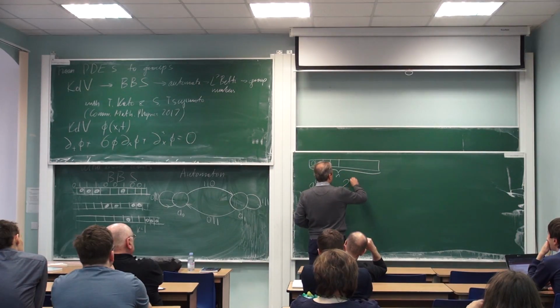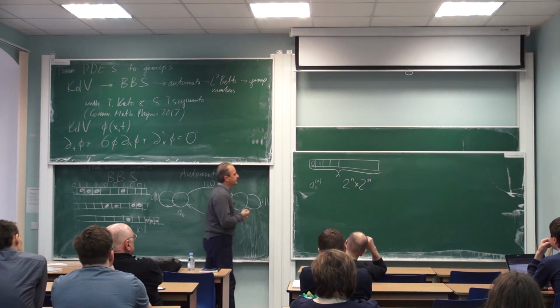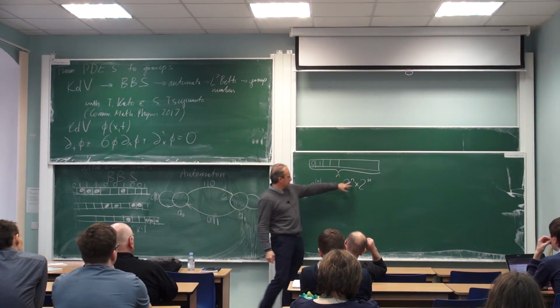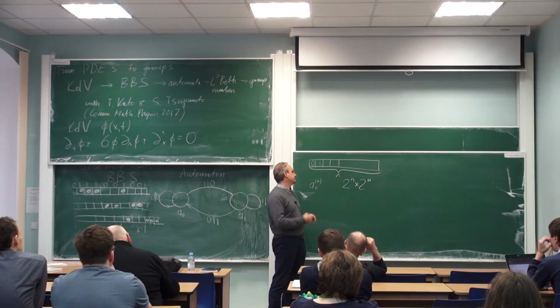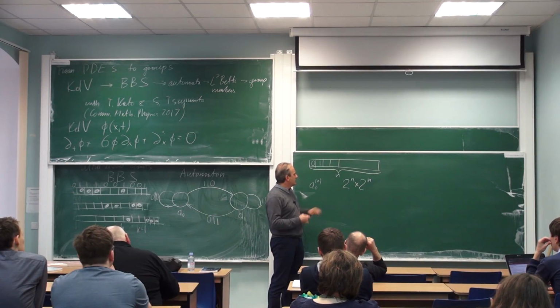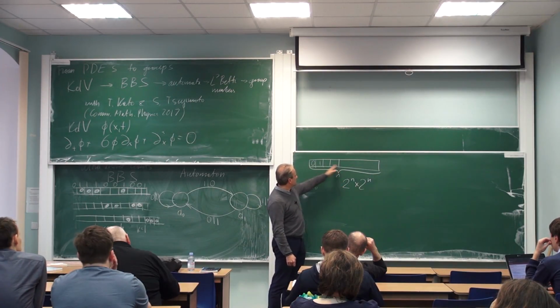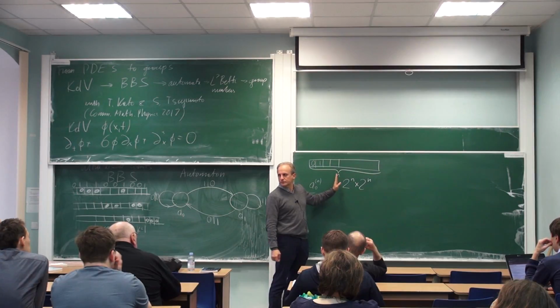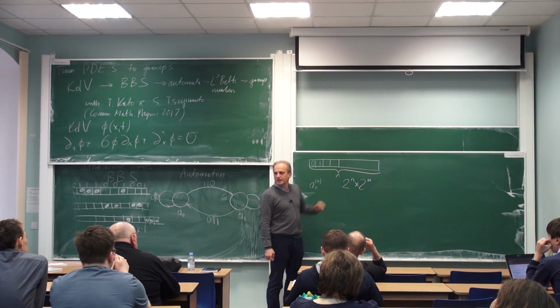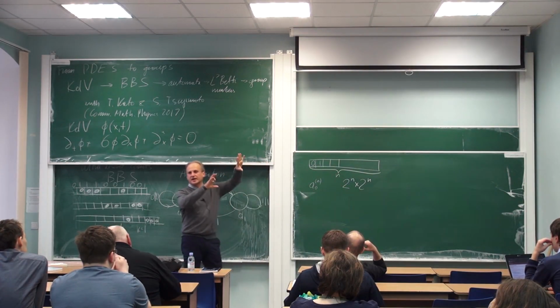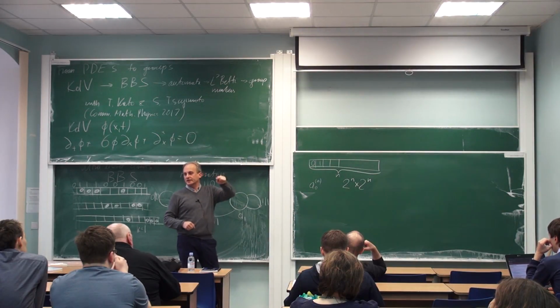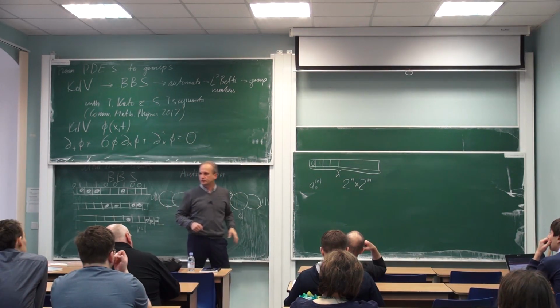So this mapping can be described by a matrix of size 2 to the n times 2 to the n, where we label all the sequences by numbers from 1 to 2 to the n, and we put 1 on the i,j coordinate if the ith sequence is mapped into the jth sequence.